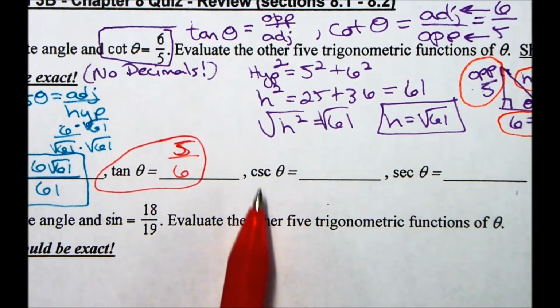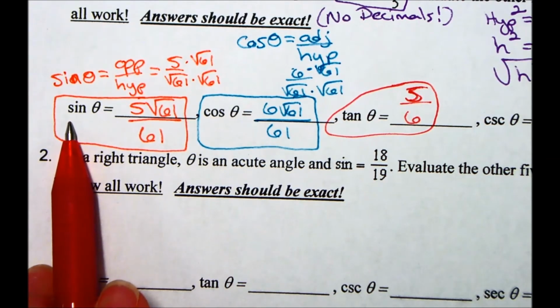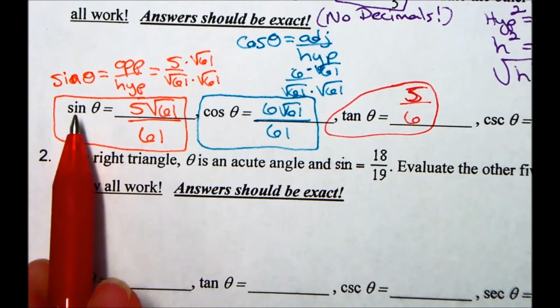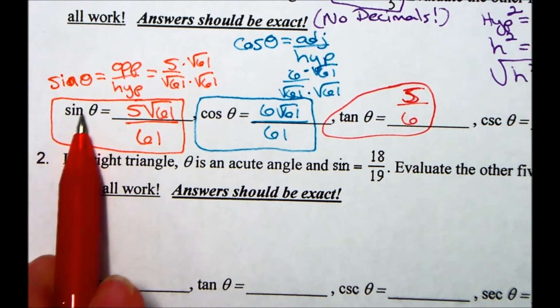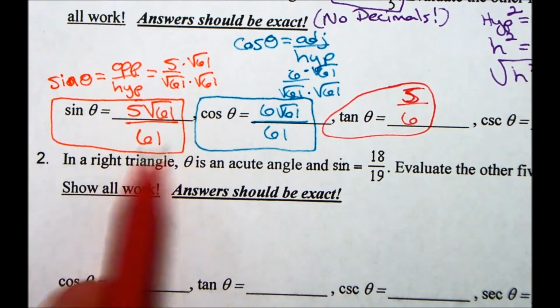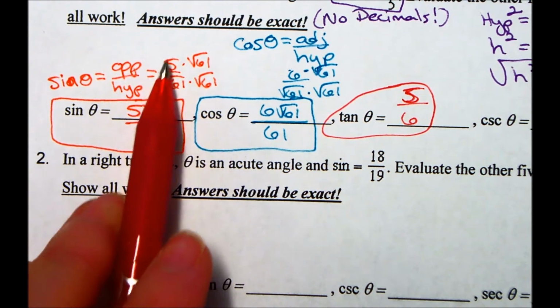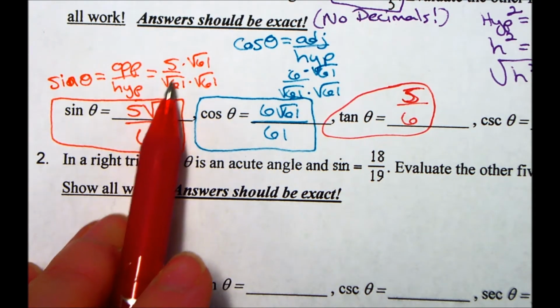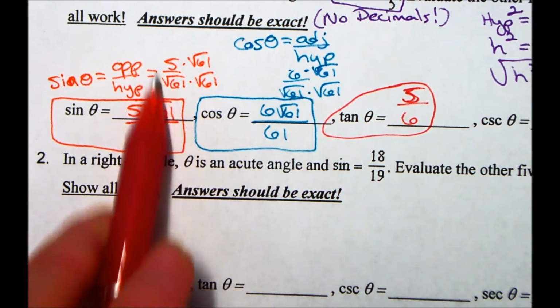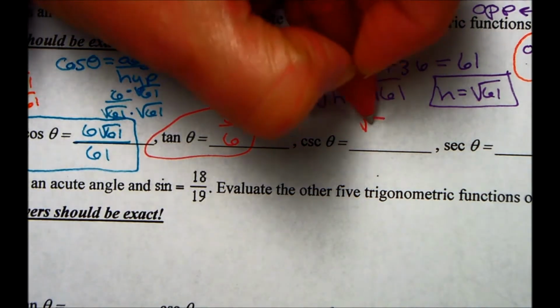Cosecant, since it starts with a C, the inverse of it is sine. Make sure you watch your abbreviations closely. So it's the inverse of this one. But rather than using my rationalized answer, I'm going to go back to the original 5 over the square root of 61 and then flip it so that the square root of 61 will be on the top and the 5 will be on the bottom.